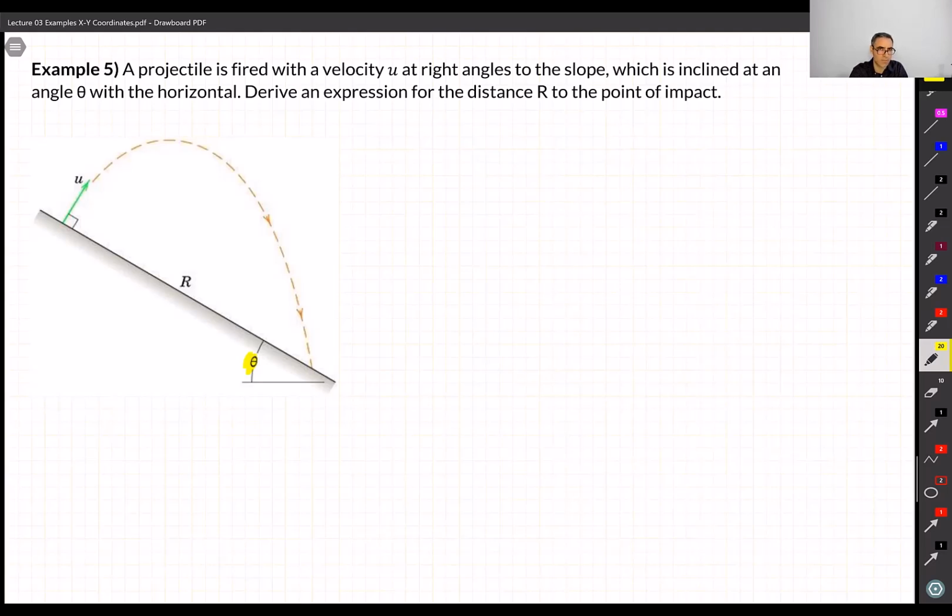Maybe it's a rocket or whatever it is, with velocity u, right? And it says it's a right angle, like this angle here is 90 degrees. What we want to find out is this r here, the distance between point A where we launch this rocket and point B.